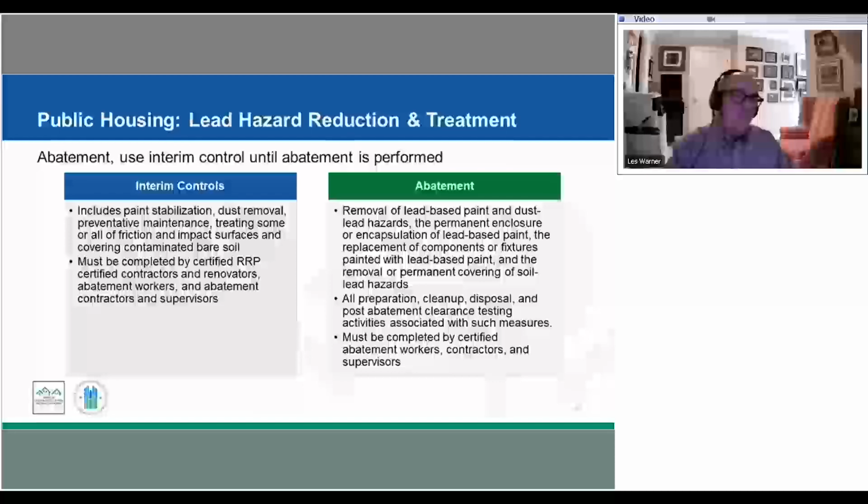We're not removing the lead, but we're taking a series of actions that would temporarily protect from that exposure.